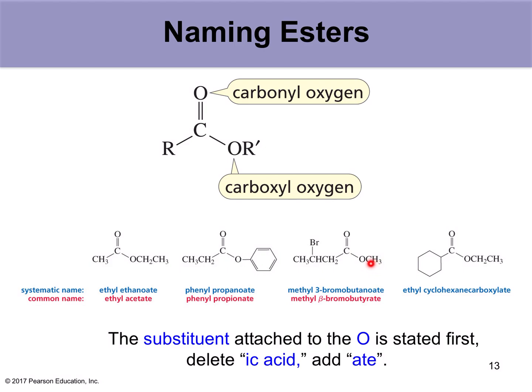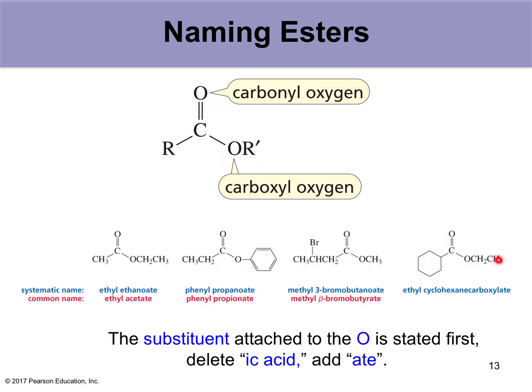For this one, again you first name the alkyl group on the carboxyl oxygen. This is methyl. And from this side we have 1, 2, 3, 4. 3-bromobutanoate, butanoate because 1, 2, 3, 4 carbons. Methyl 3-bromobutanoate. For this one, again you first write down the alkyl group on the carboxyl oxygen.